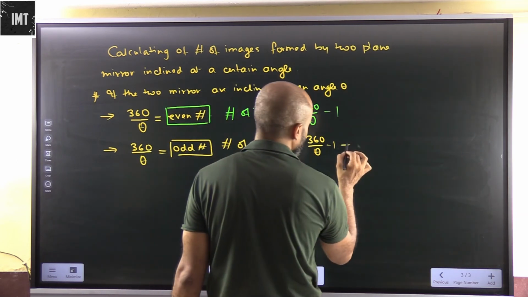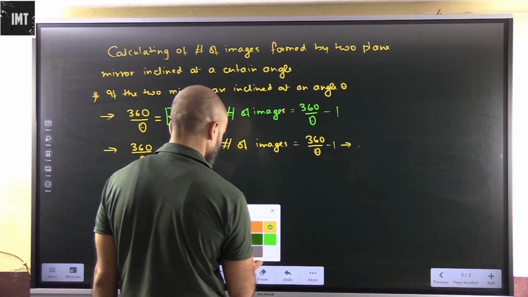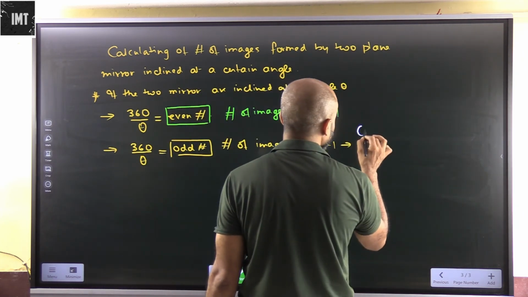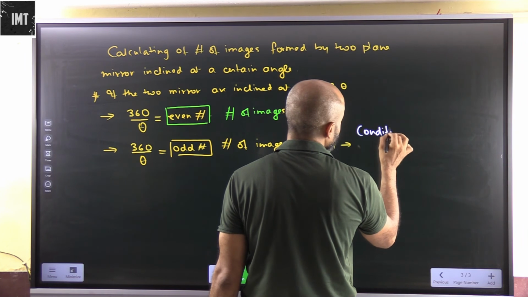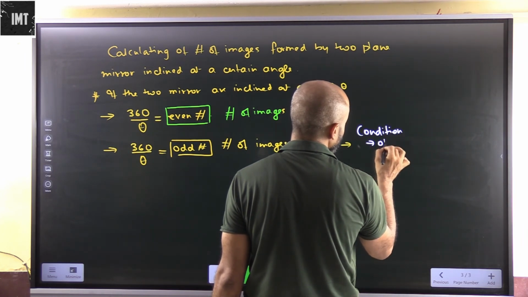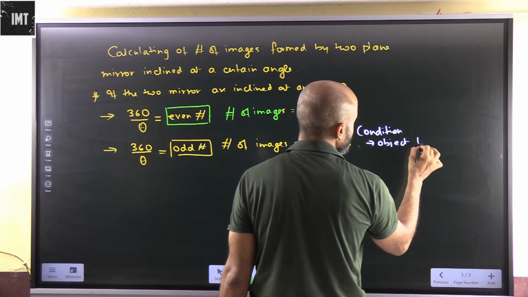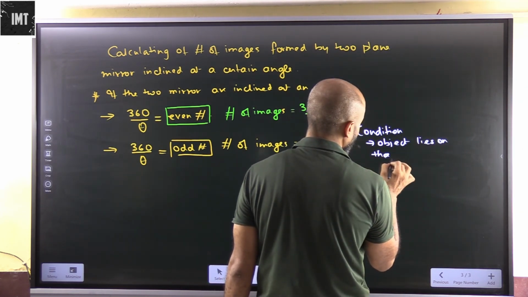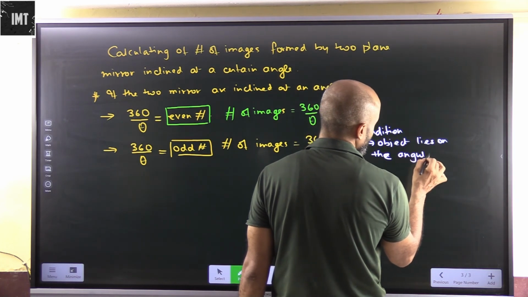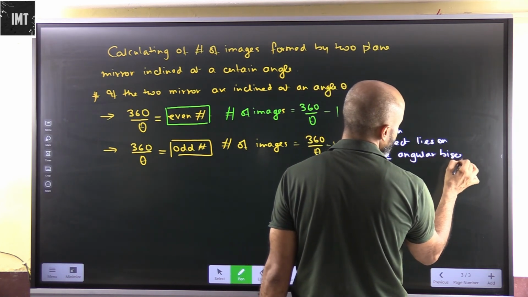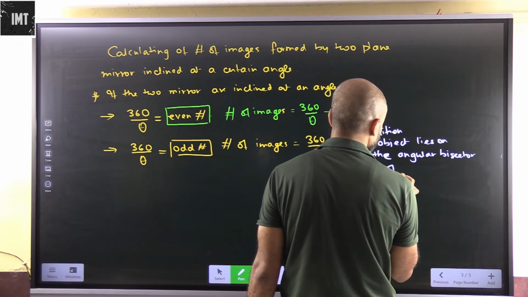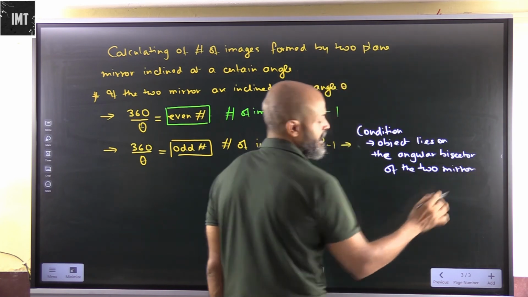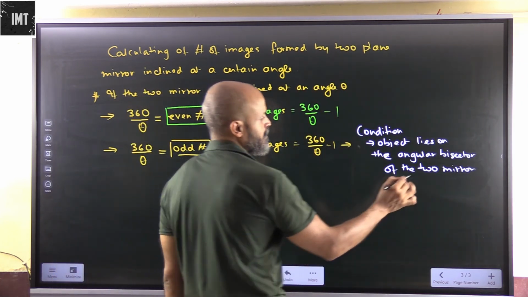But there is a condition to this. What would be the condition? The condition here is that the object lies on the angular bisector of the two mirrors.